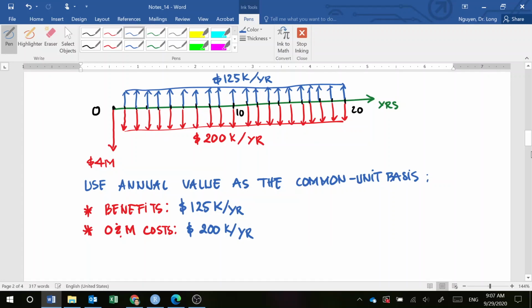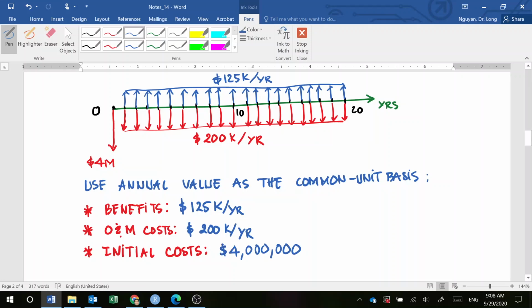So given P find A, we have the initial cost of 4 million dollars, and that is present value.